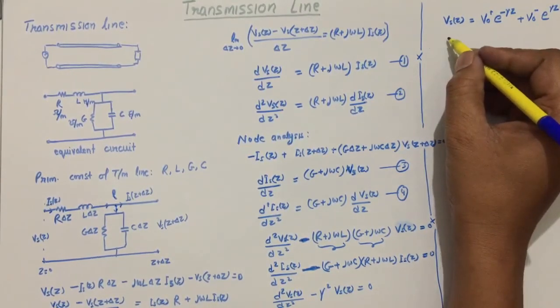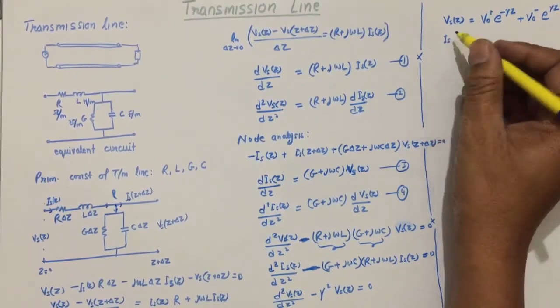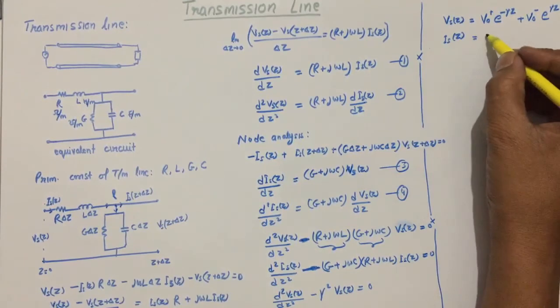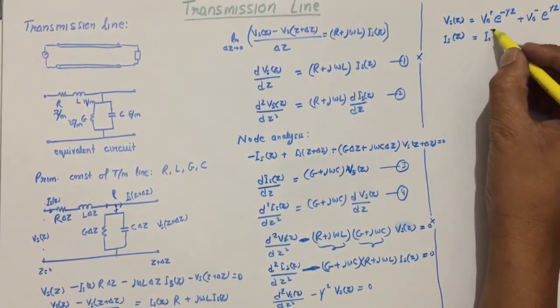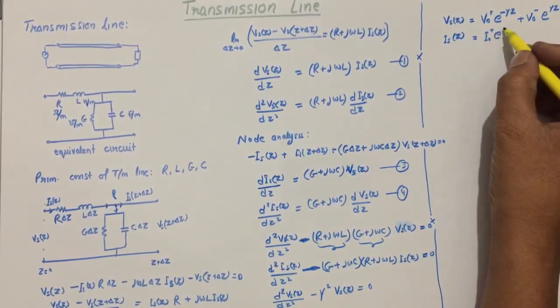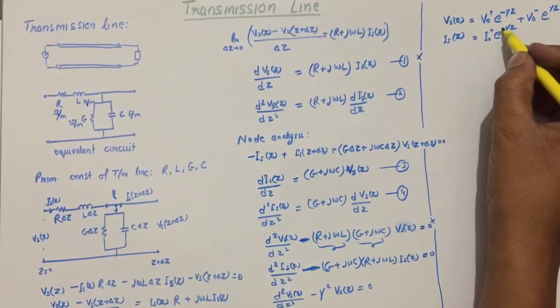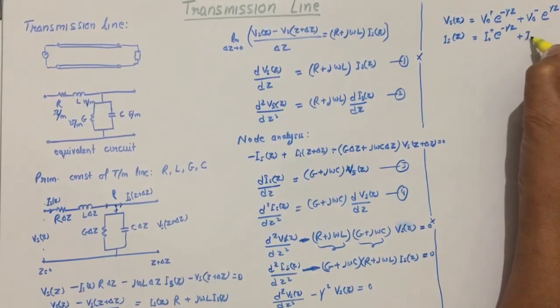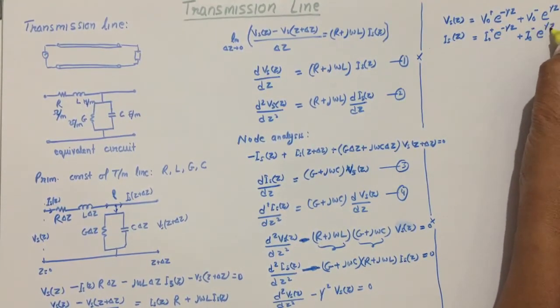And similarly we can write for current as well, that Is(z) will be equal to the positive traveling current wave plus the negative traveling current wave.